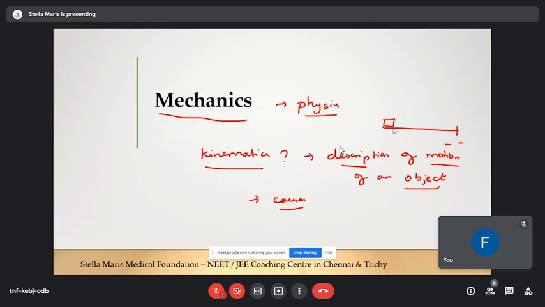Everything is in motion. Even in our body, the blood flows through the arteries and veins. Another example of motion could be our breathing, that air moves in and out of our nostrils.